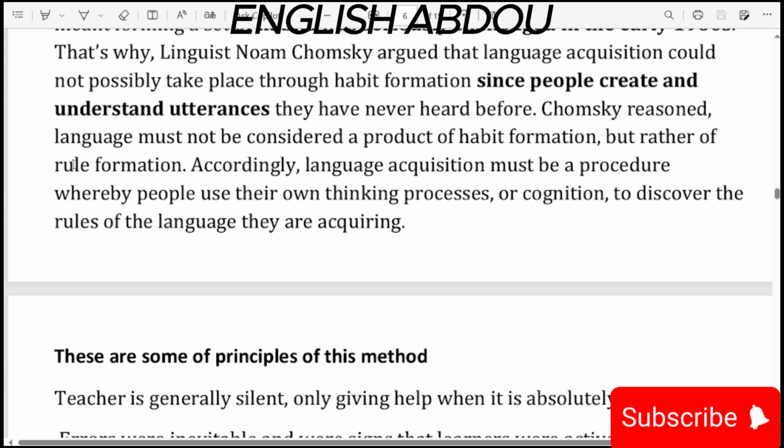Okay, so language acquisition, because acquiring is different from learning, as we have seen from the theory of the five hypotheses.